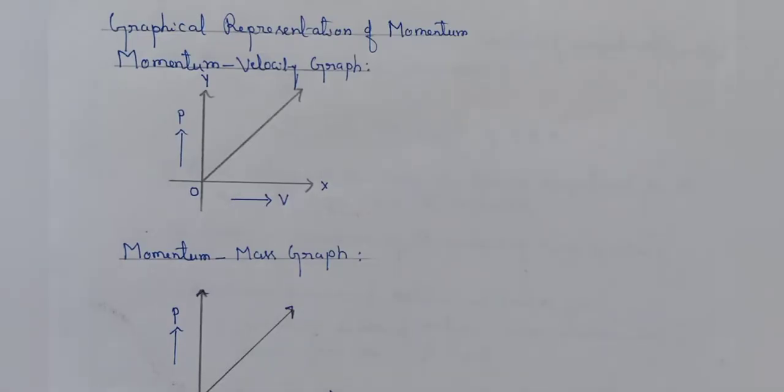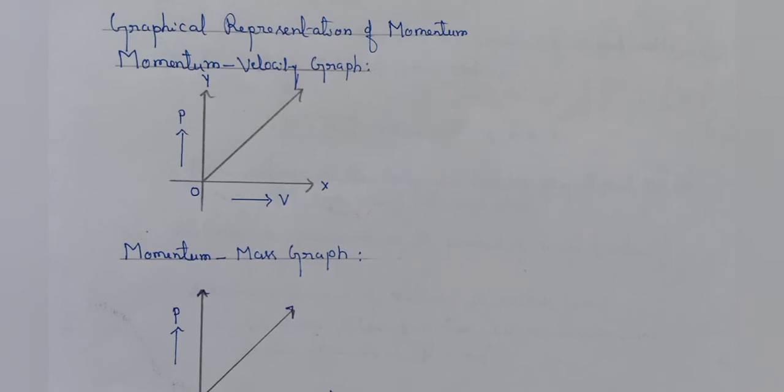Graphical representation of momentum. The first one, momentum velocity graph. The graph obtained by taking the momentum along the y-axis and velocity along the x-axis is a straight line. So, the momentum velocity graph shows the variation of momentum with velocity when the mass of a body is constant.